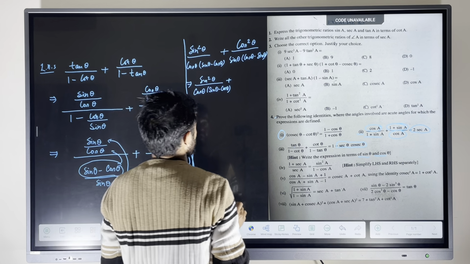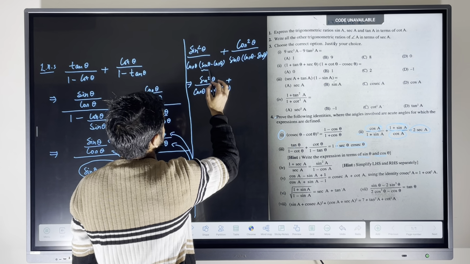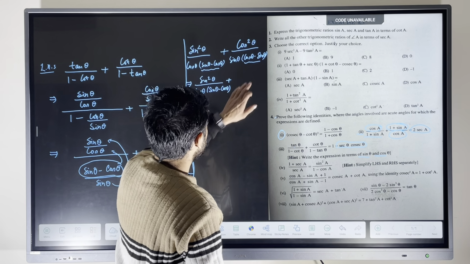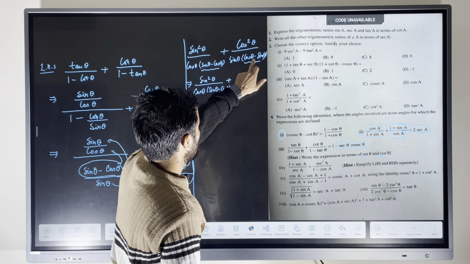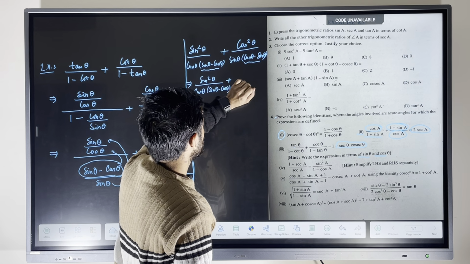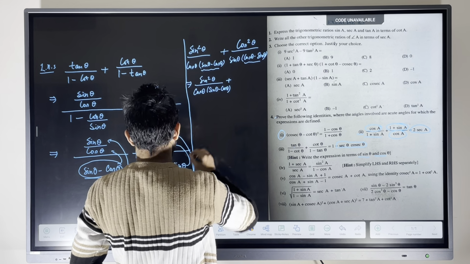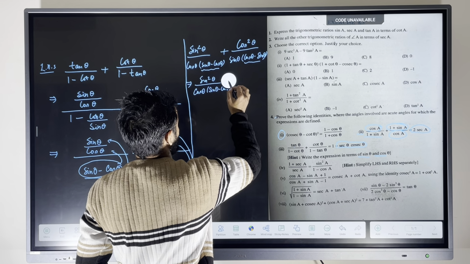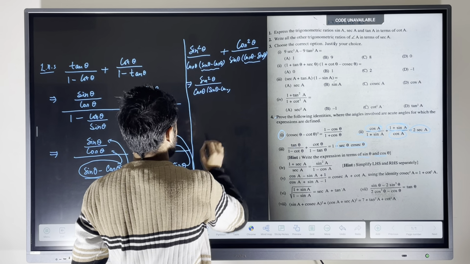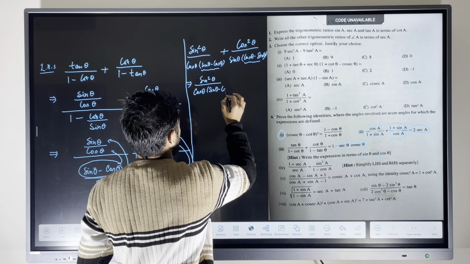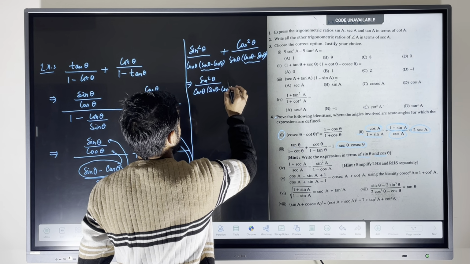Now here we have sin theta minus cos theta, here we have cos theta minus sin theta. So if we take minus as common, it will turn to sin theta minus cos theta, and this plus will change into minus.